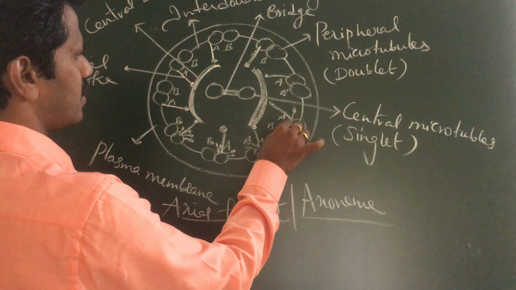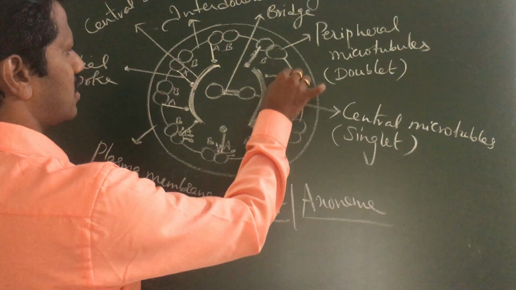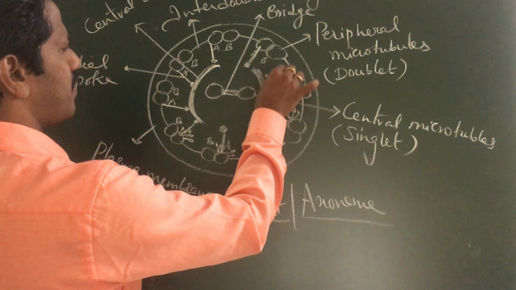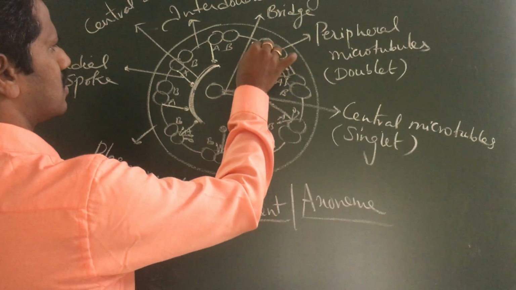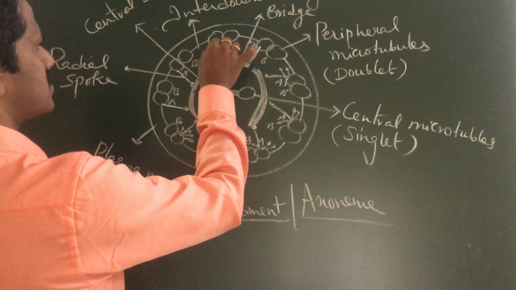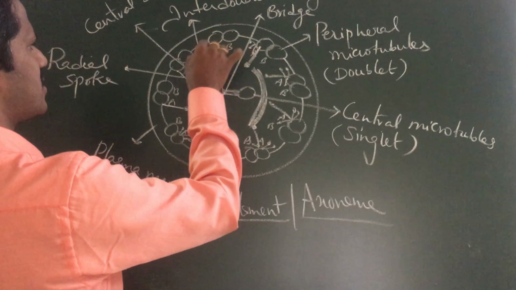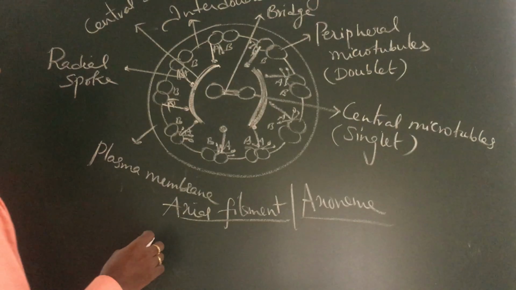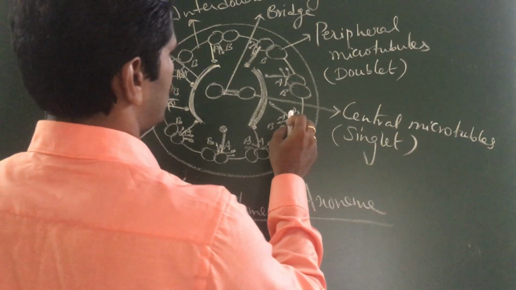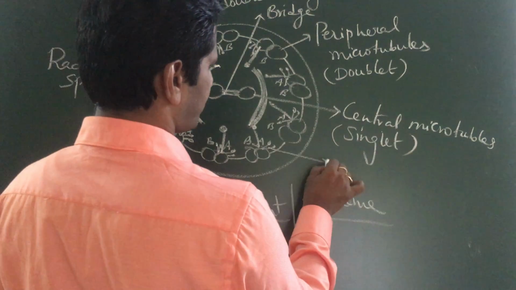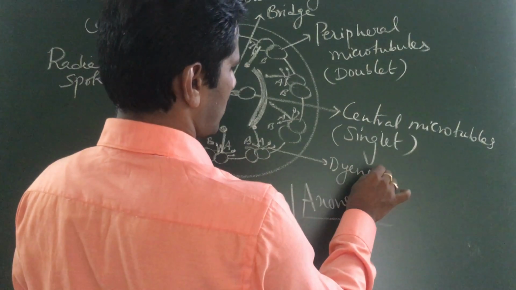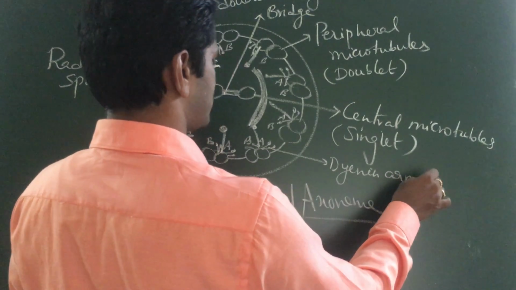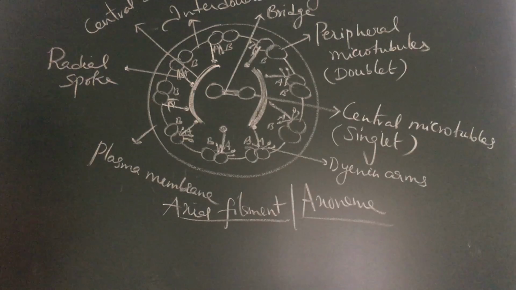For every A microtubule, apart from the radial spokes, there are dyneins. I will tell you the functions of all these, how they are present, and the reason for this. Let us see point-wise what is the use of all these things.